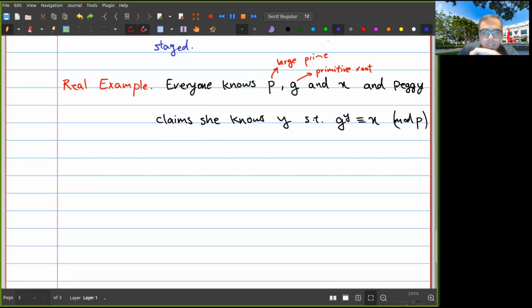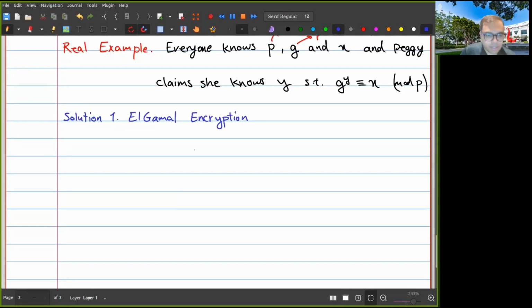Now, we saw kind of a solution last time. So this was the first solution. And this was very much similar to El-Gamal encryption. So we had a situation like this. Let's say I have Peggy here. And I have Victor here.